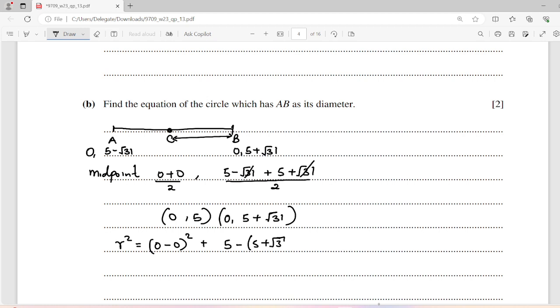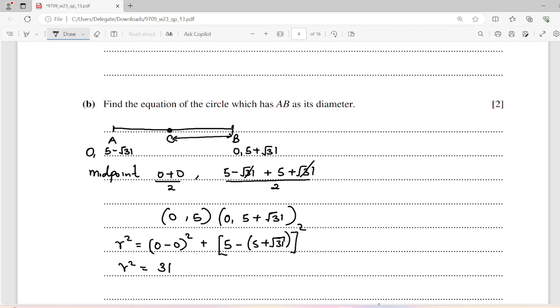Then squared. So you end up having your r squared equaling to, this is going to be 0. When I open brackets here, I will end up having 5 minus 5, which is 0, root of 31 squared, which is simply 31. So meaning if I'm to write an equation of the circle, it will be very easy.